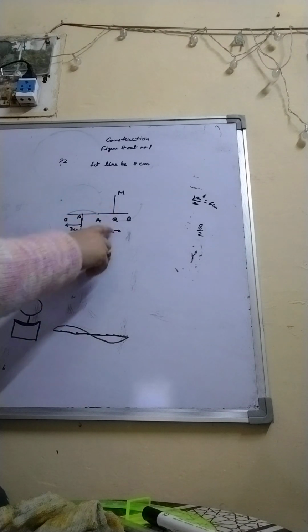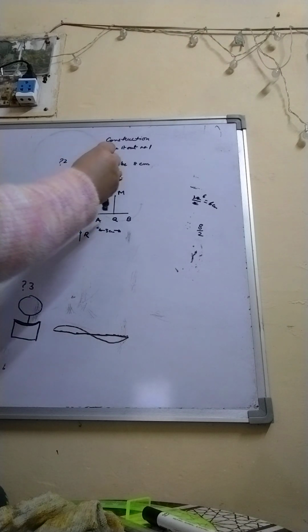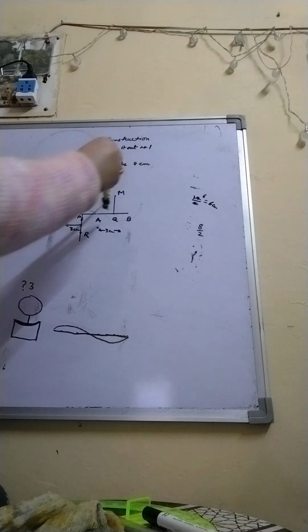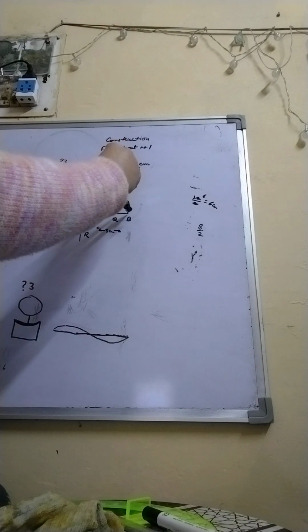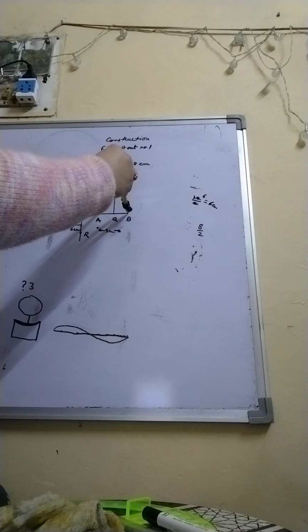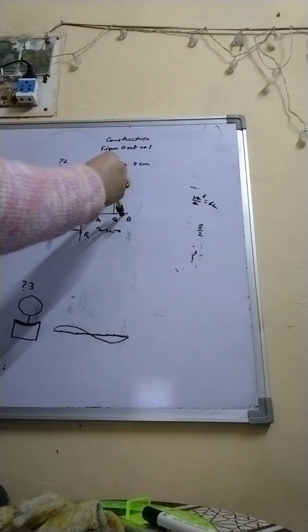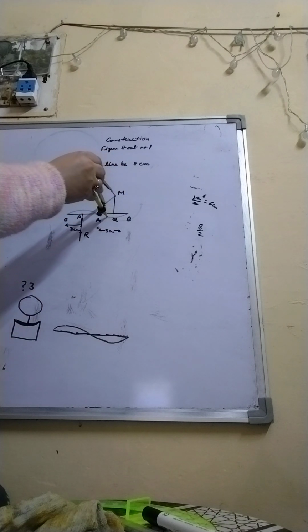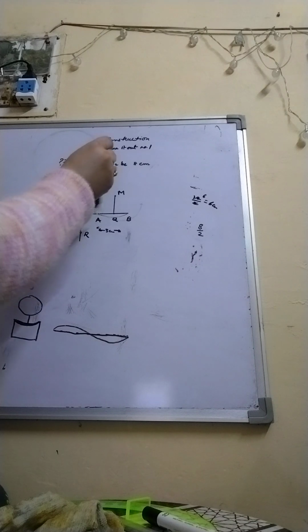Similarly, here also the distance should be equal. So now I will open the compass till MB. What should the compass be opened equal to? Equal to MB. Now I will draw the wave.